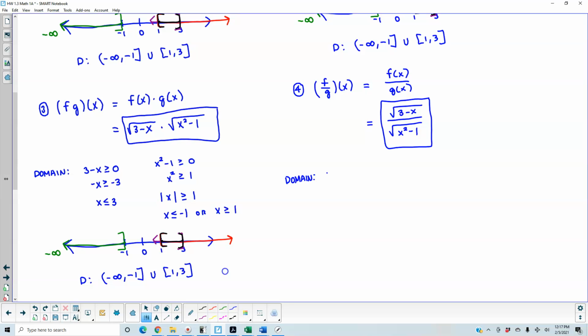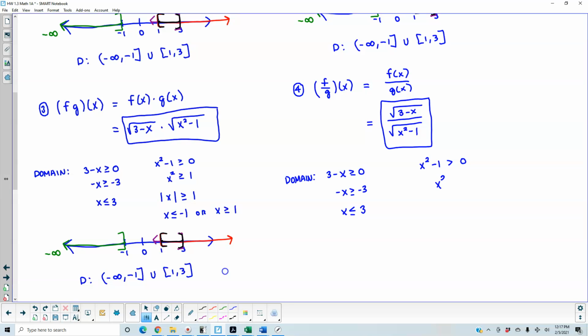Well, we know that we have 3 minus x has to be greater than or equal to 0 from the numerator. So we should get x is less than or equal to 3. Now in the denominator, okay, we cannot let it equal 0. So now we can say that x squared minus 1 can only be greater than 0 and not equal to 0.